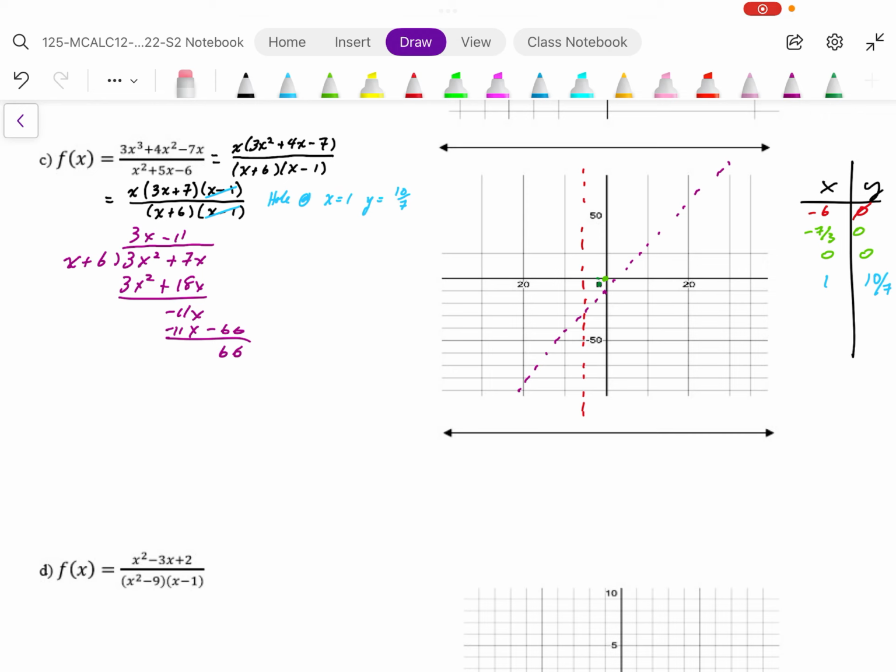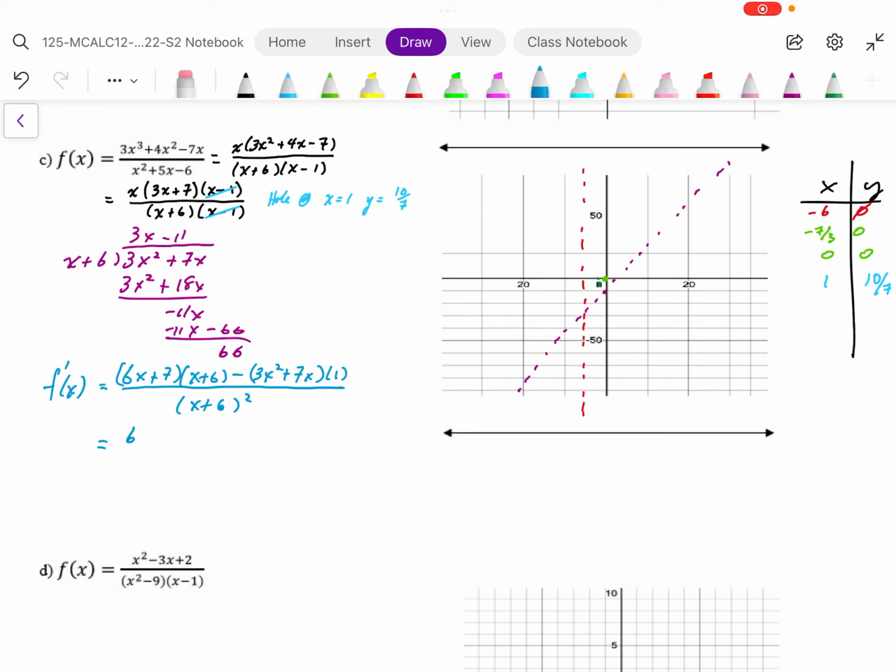Working out the derivative, f prime, when I differentiate the numerator 3x squared plus 7x, I end up with 6x plus 7 times the denominator x plus 6, minus 3x squared plus 7x times the derivative of the denominator, which is 1. And then I'm going to have it all over x plus 6 all squared.